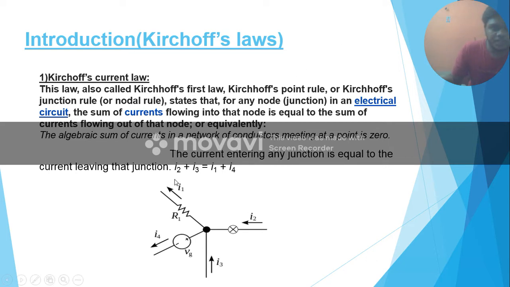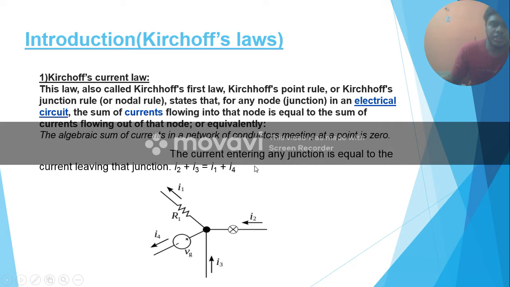So in this diagram you can see a node, a resistance, a voltmeter and a voltage, and the currents I2, I3 are flowing in, and I1, I4 are flowing out of the node.